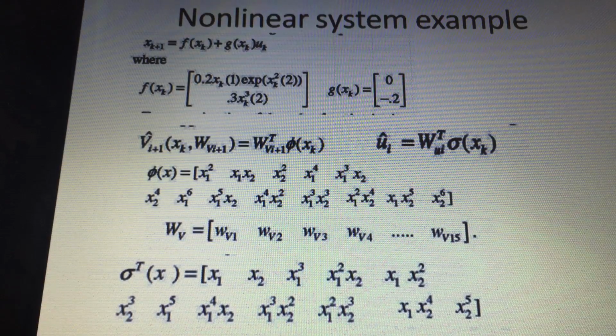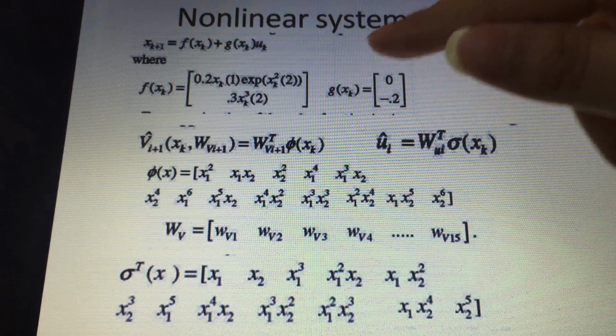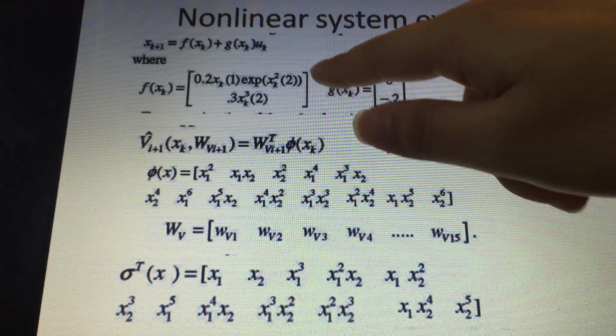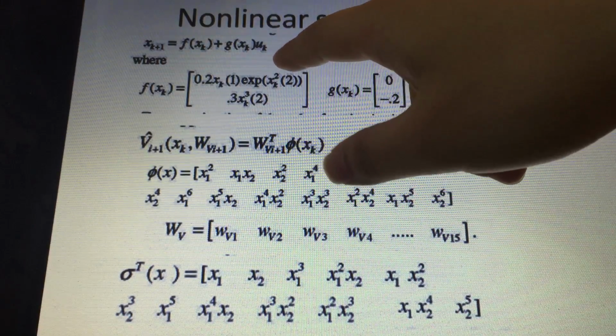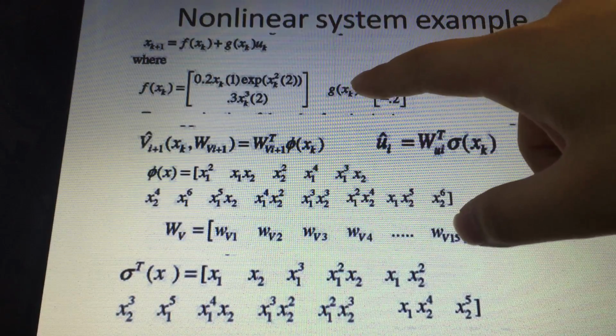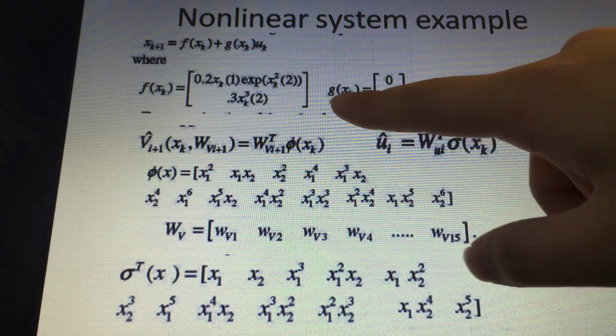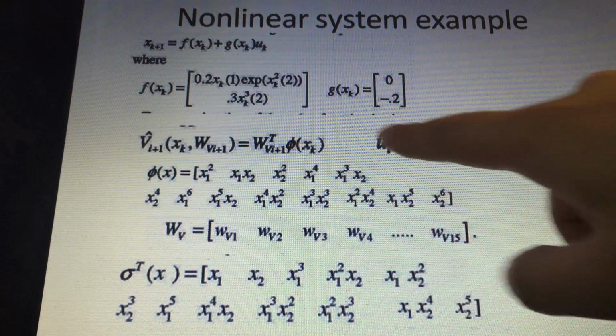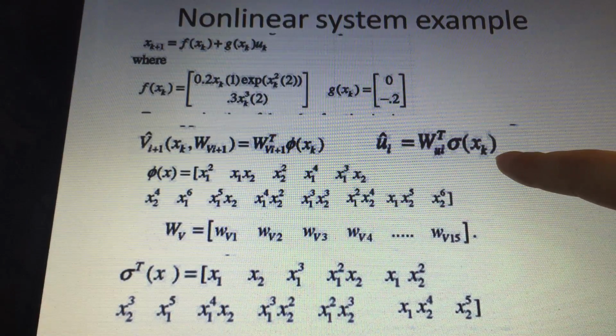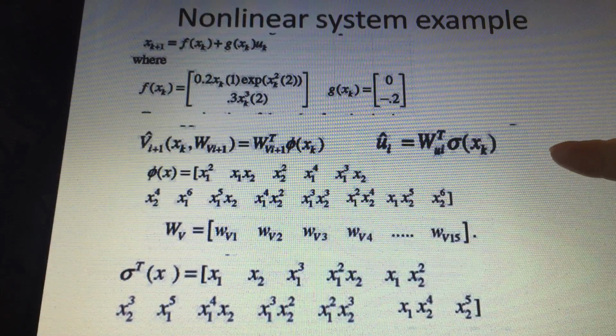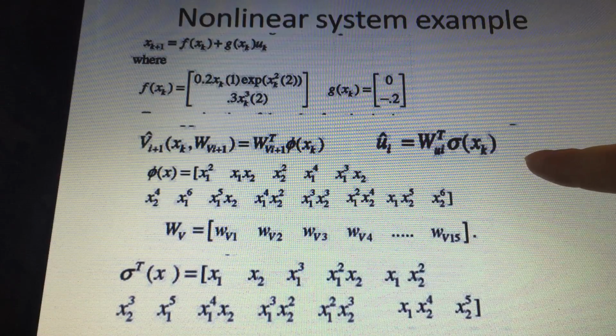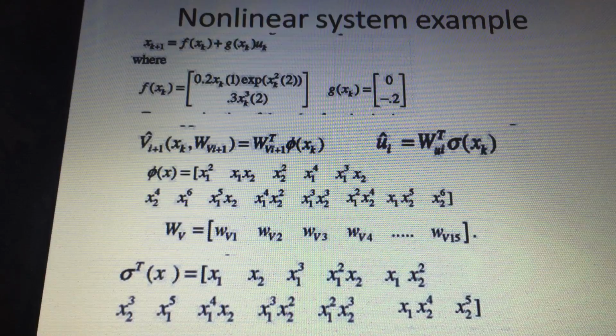For example, if we have a nonlinear system like this one, with the value functions and the control inputs, then phi of x will be the vector of the network approximating the value function.